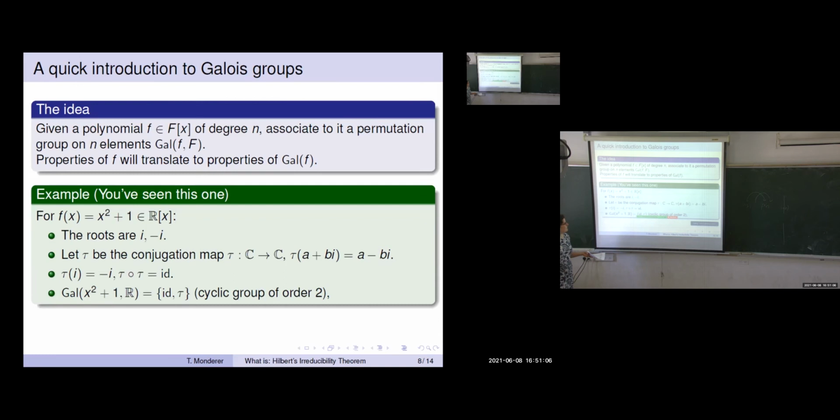I'll note that what lies beneath technically for the definition of the Galois group is you need to look at some field where all the roots of the polynomial live, which is what we did here when we moved from the real numbers to the complex numbers. But we aren't interested in technicalities, so this is the Galois group you see.